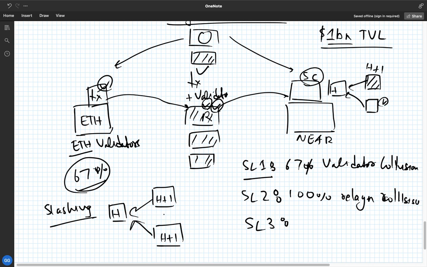This is considered a slashable offense, because it's quite clear that the validators are trying to come together to attack the network, or maybe one of these blocks is a malicious block. In that case also this is a slashable offense.